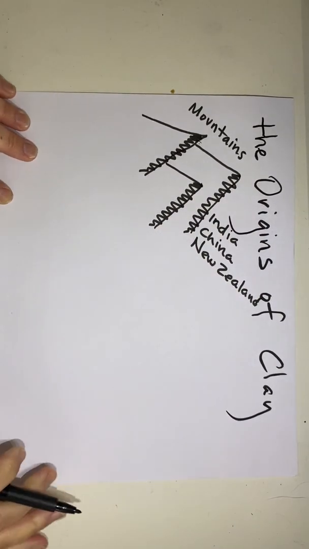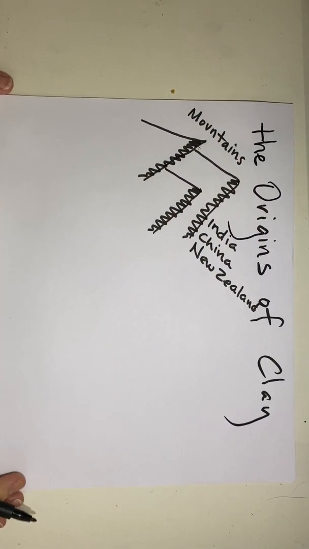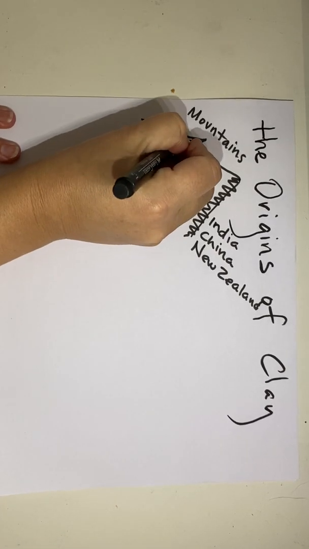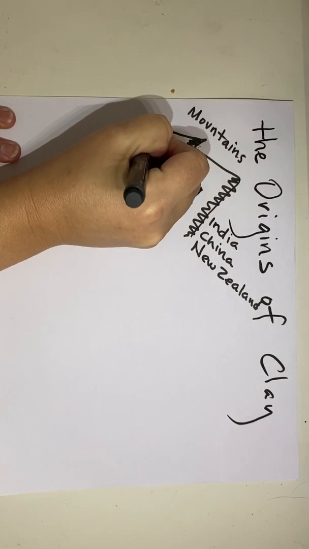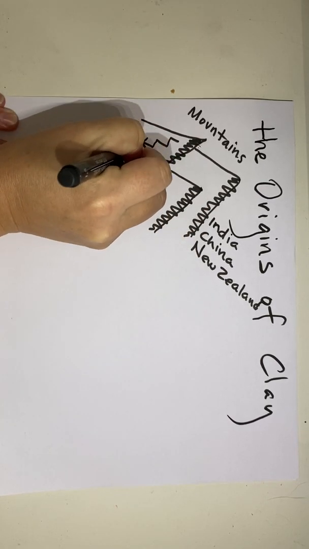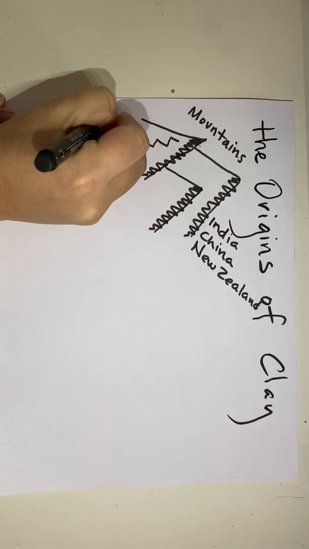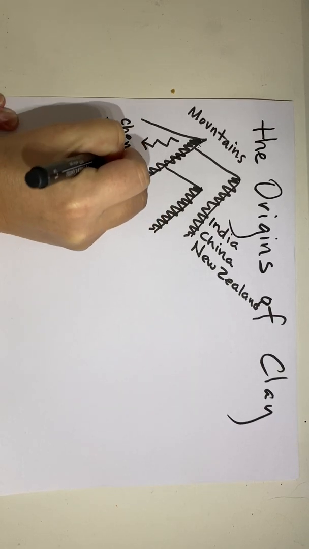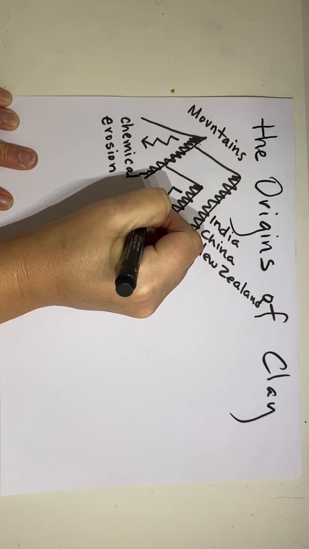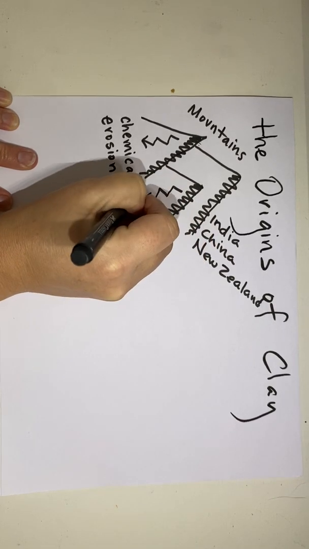And a couple things happen in the mountains. The first thing that happens is what we call chemical erosion. And the second thing that happens is physical erosion.